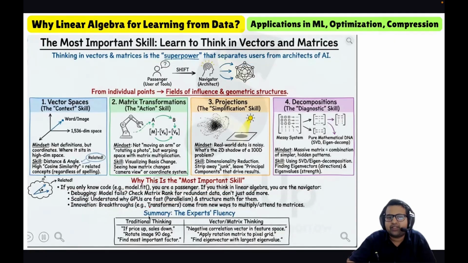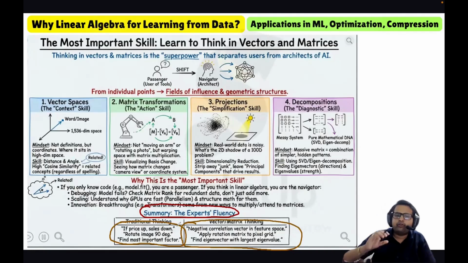If we summarize this, the expert's fluency. In traditional thinking, we say if price goes up, sales go down. But in vector and matrix thinking, the same statement becomes a negative correlation vector in feature space, because if one feature is increasing, the other is going down.